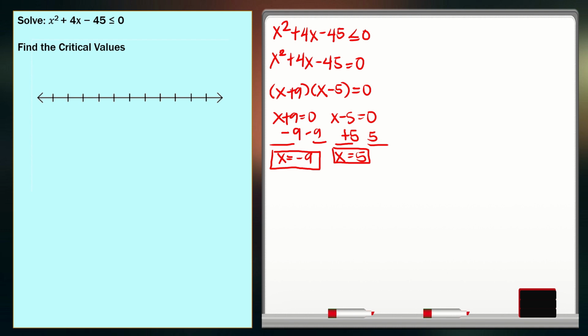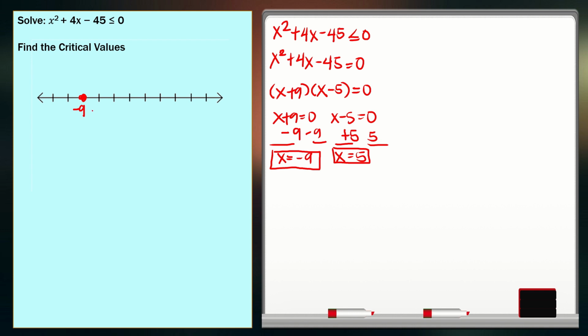We will plot this in the Cartesian plane by writing first the smaller value followed by the bigger value. Let's assume that negative 9 is here. So we know that negative 9 is smaller and positive 5 is the higher number. So we have here negative 9. So since we cannot place it here, we're going to make an interval.